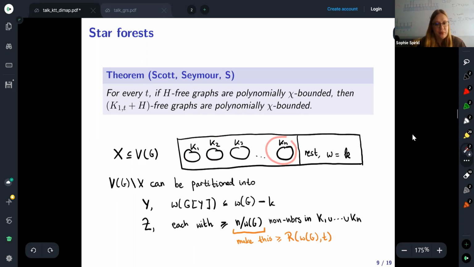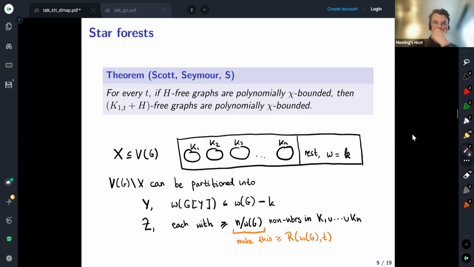But take some large number of cliques that are disjoint, but we don't know the edges between them, and put them all aside as one subset of X. And then the rest has clique number, some number K, where each of the cliques K1 up to Kn has size at least K, because we always took the largest clique.